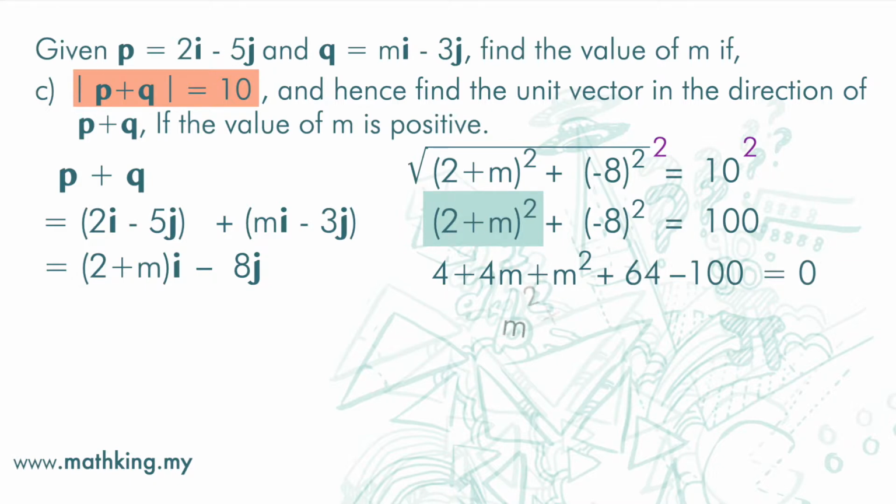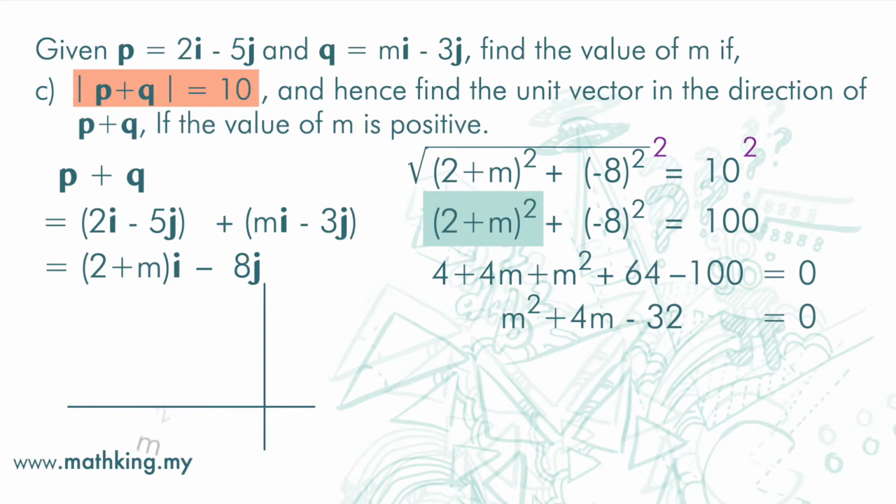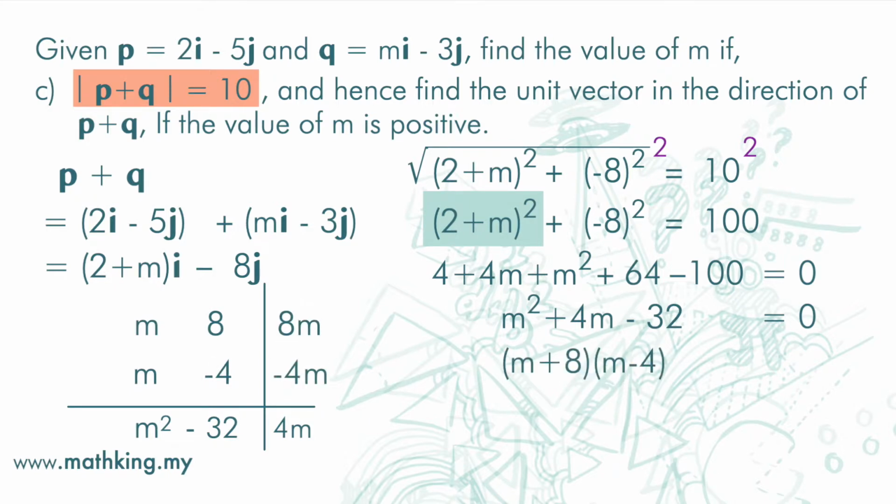So we have m squared plus 4m minus 32. Factorize it, and we get m equal negative 8 or 4.